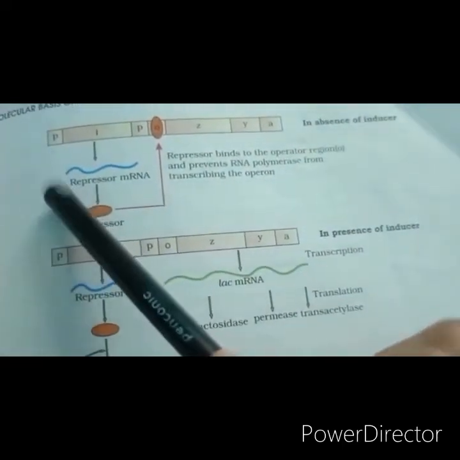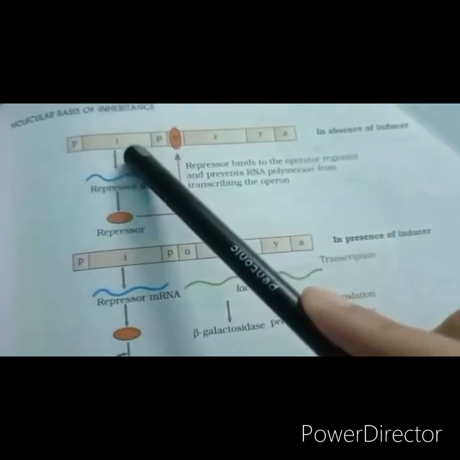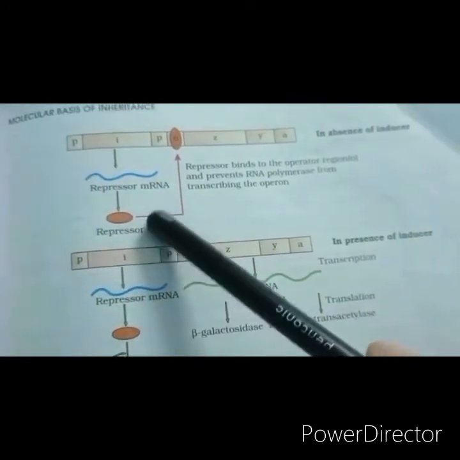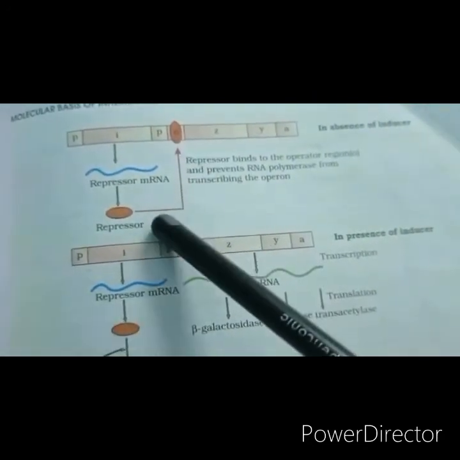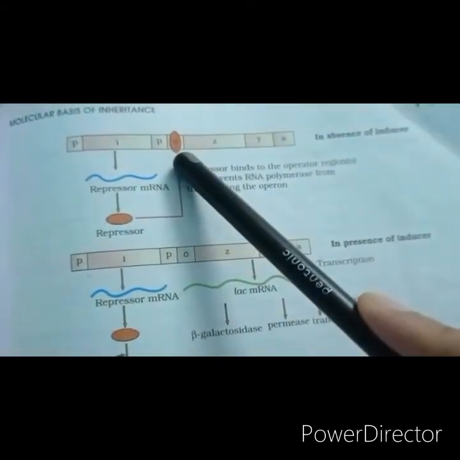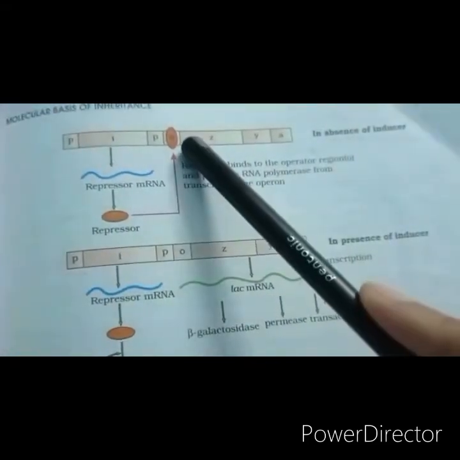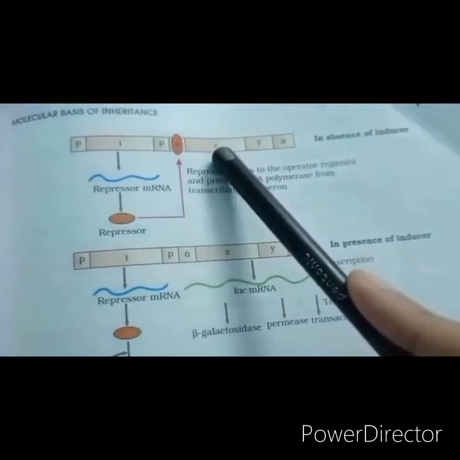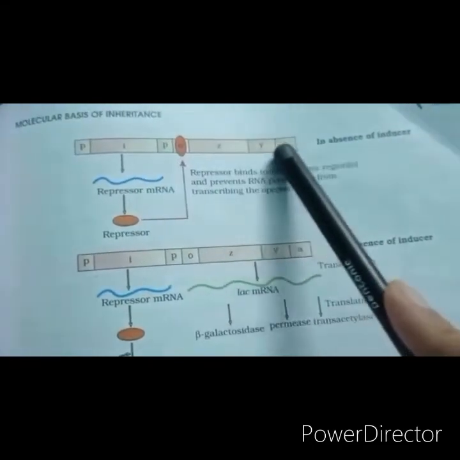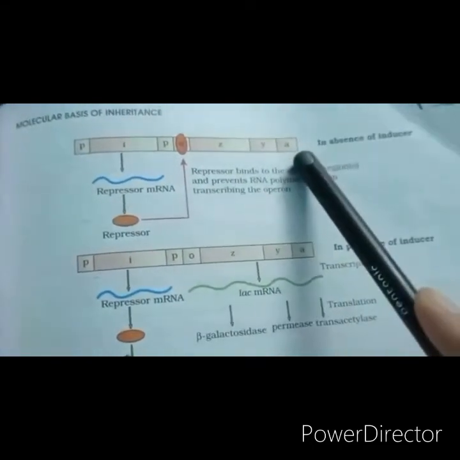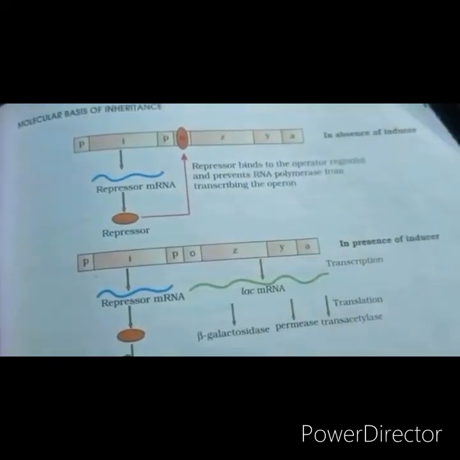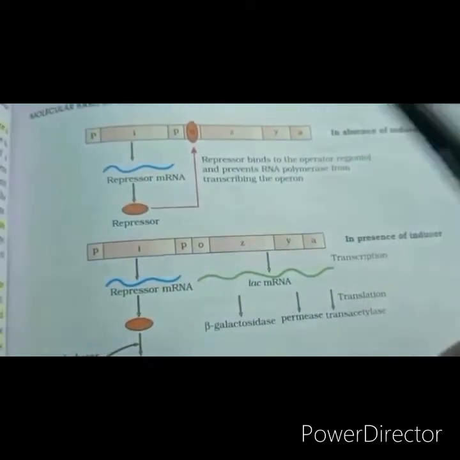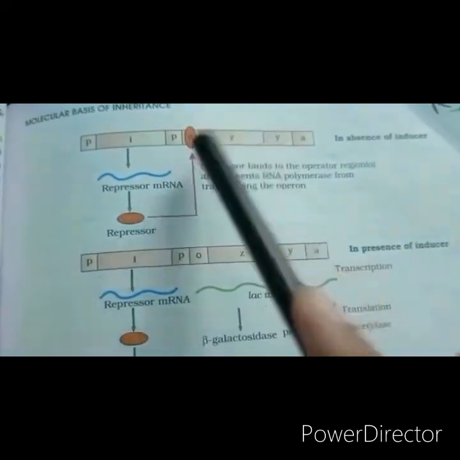If there is no lactose present, then our I, which is our inhibitor, is going to produce an accessory protein which is our repressor, and our repressor has a high affinity for the operator gene, and it's going to bind with the operator gene. When it binds with the operator gene, it restricts the promoter gene from sliding over the structural genes, and hence it prevents the transcription and translation of these enzymes. So in this case our chain stops there.